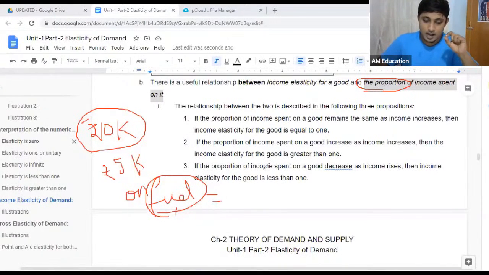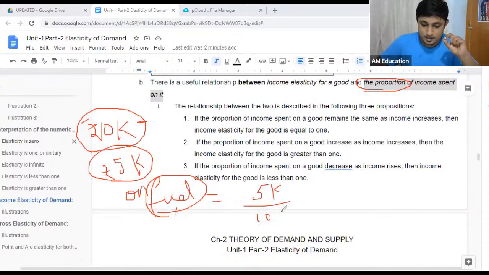I've spent 5,000 out of 10,000, right? So 5,000 divided by 10,000 into 100 will give me the percentage. And how much is the percentage? 50%.